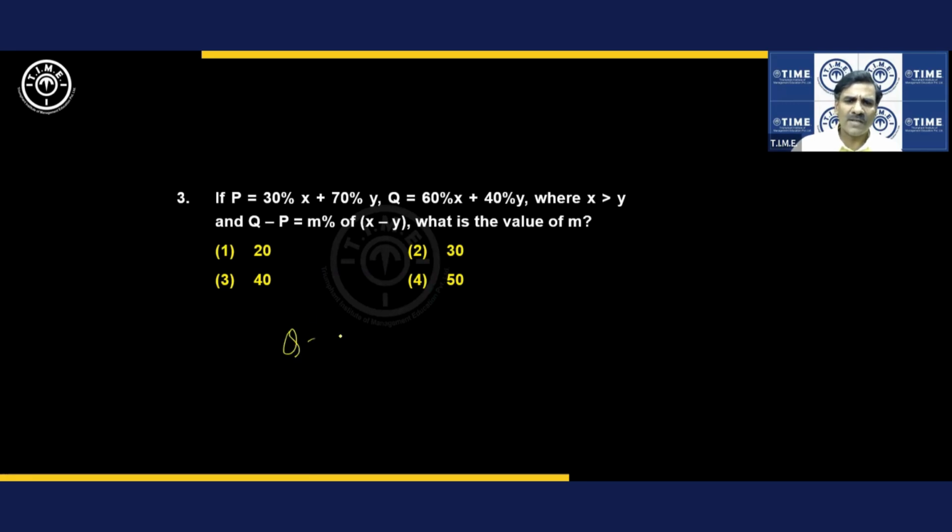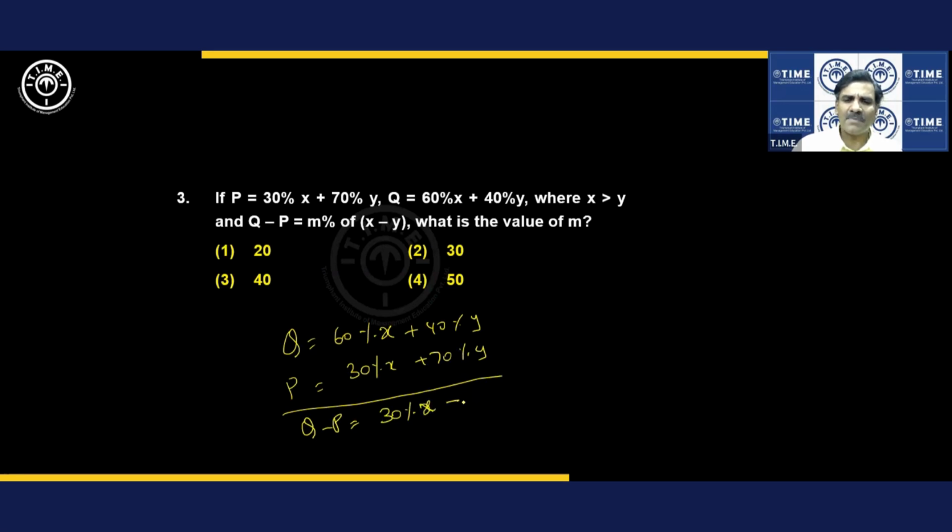Q, if you observe, is 60% x plus 40% y. P is 30% x plus 70% y. So Q minus P will become 60 minus 30, which is 30% x, plus 40% minus 70%, which becomes minus 30% y.